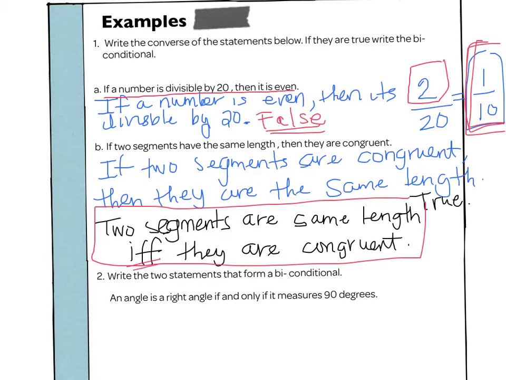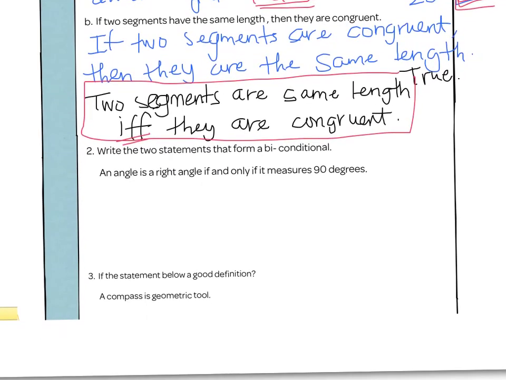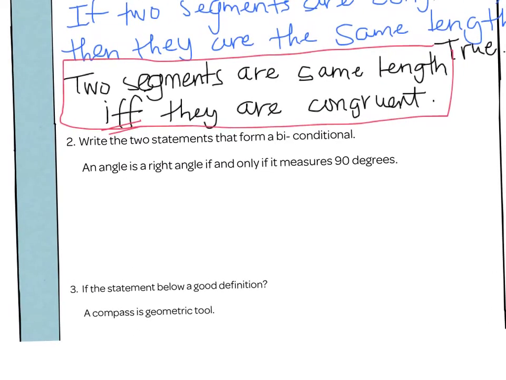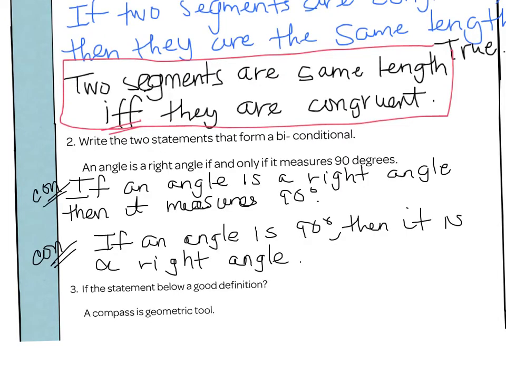Question 2. Write 2 statements that form a biconditional. An angle is a right angle if and only if it measures 90 degrees. So here are two statements. The first one is going to be our conditional statement. I'm looking at this biconditional and asking what two statements were used to create it.